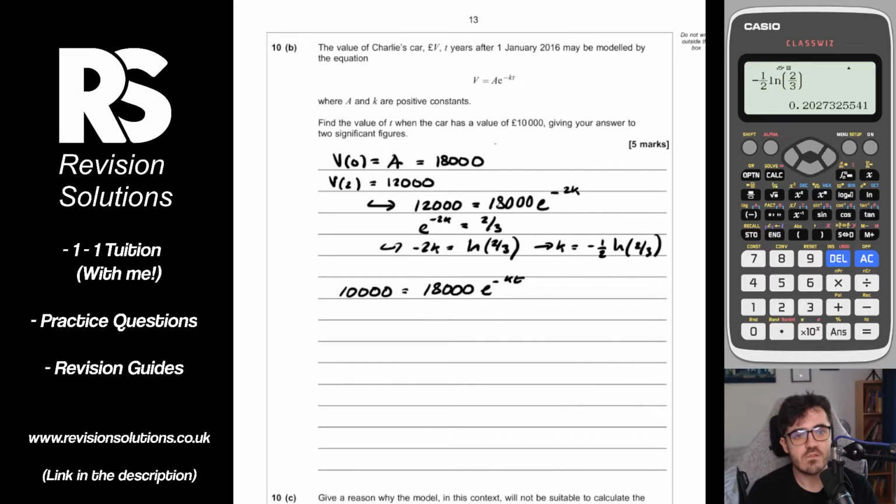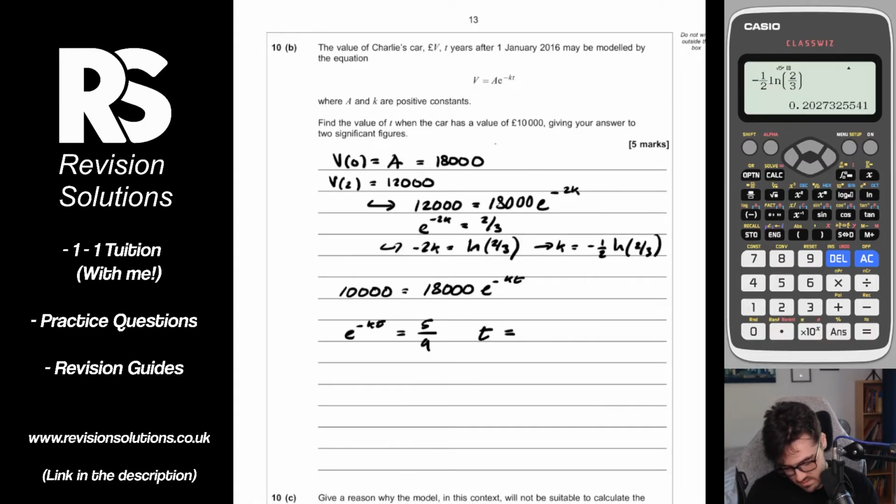We have k, we'll use that from our calculator in a minute. So first dividing by 18,000, 10,000 divided by 18,000, well, that'd be the same as 10 on 18, which would be the same as 5 on 9. So e to the minus kt is equal to 5 over 9.